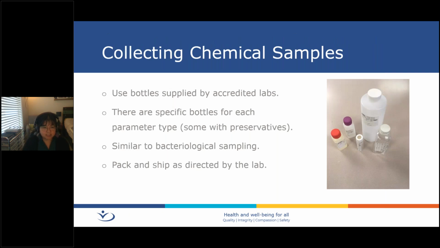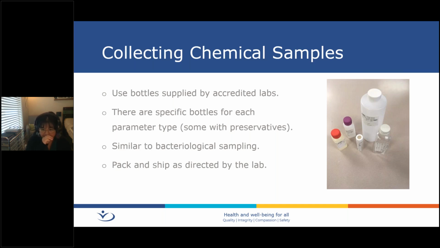So when collecting chemical samples, use bottles that are supplied by the accredited labs. There are specific bottles for each parameter type, and some of them do include preservatives. The sampling procedure is very similar to the bacteriological sampling, similar to the packing and shipping.